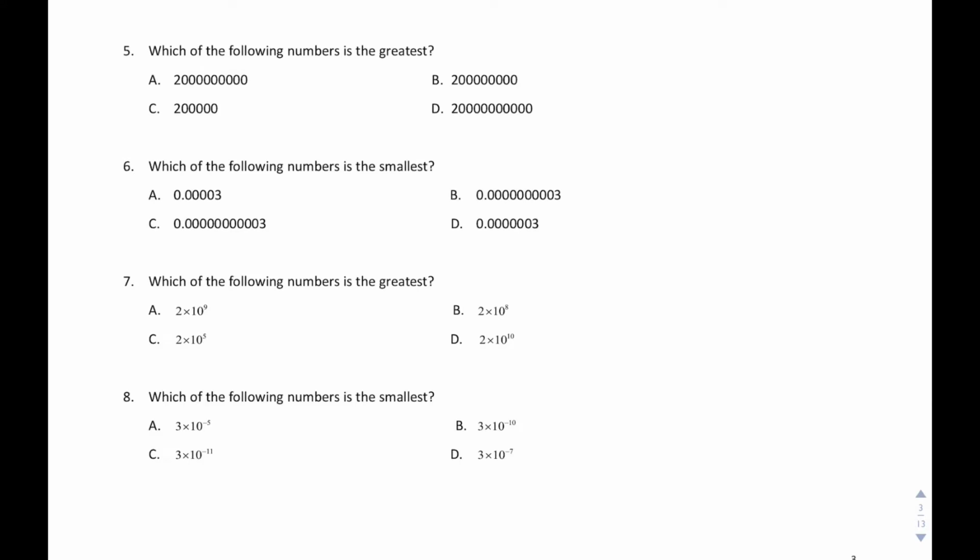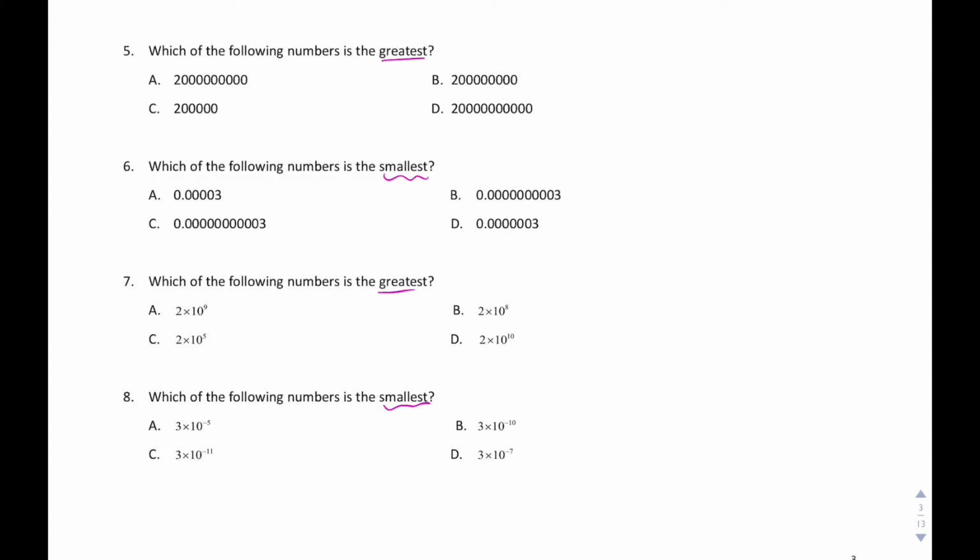Here, from question 5 to 8, could you also find which number is the greatest or the smallest for each case? For question 5, can you determine which one is the greatest in a few seconds?